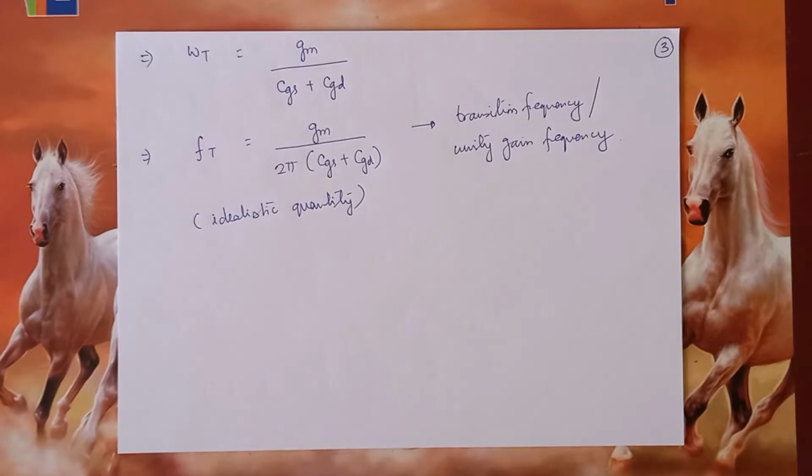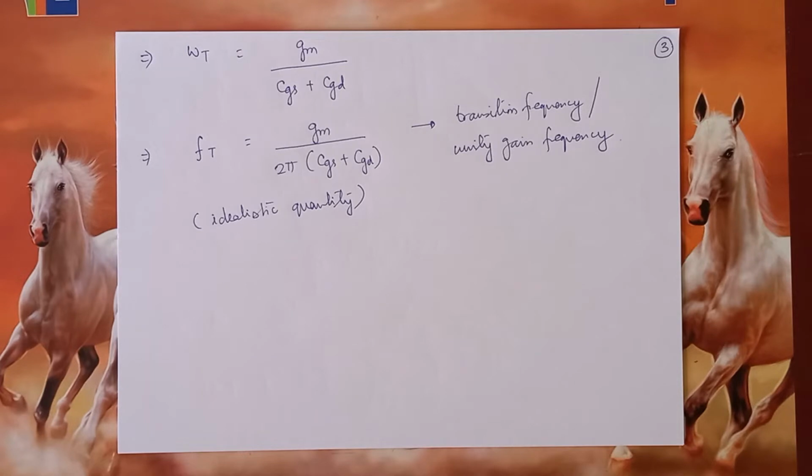Why I'm saying this is idealistic is because we have calculated this only for the MOS device. And when we are using that MOS device to make other complex circuits such as amplifiers, there will be other elements also, which may further bring down the bandwidth.